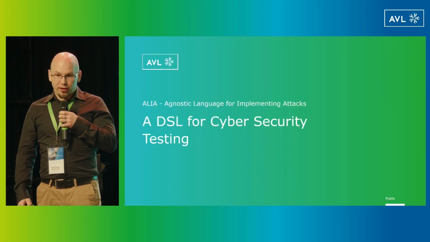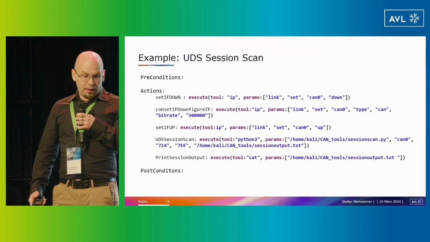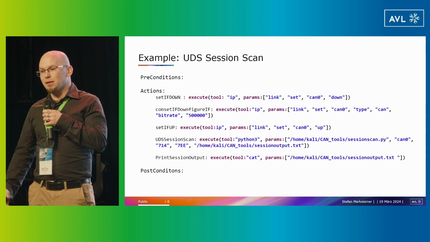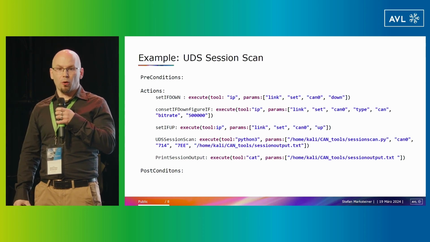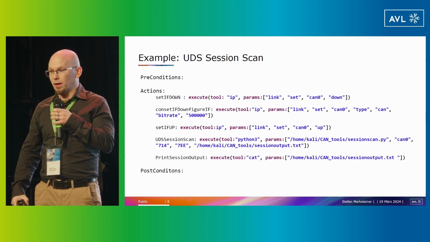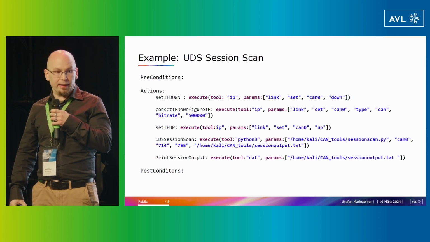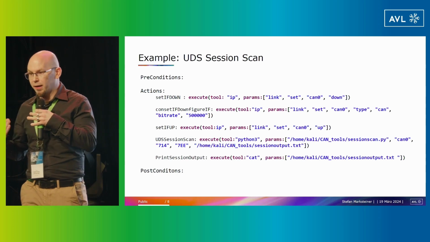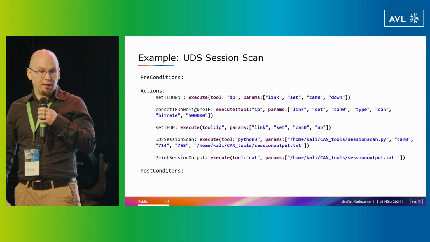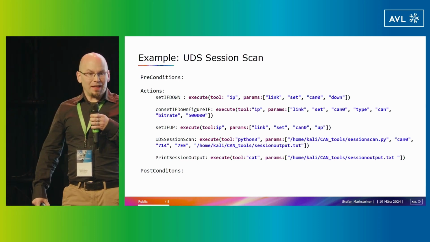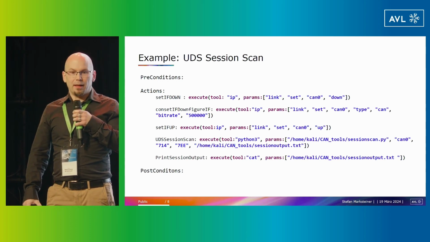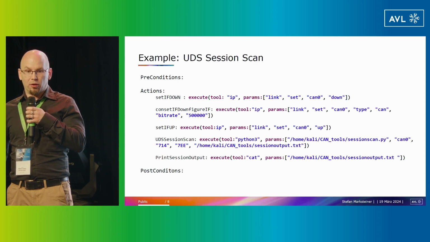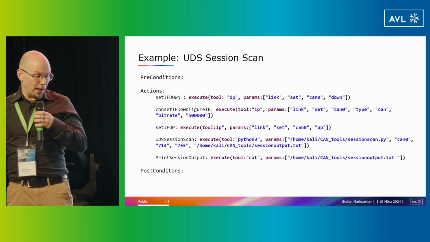The language itself is also a contribution to the project. It's not in the Git right now, just for organizational reasons, but we will be checking it in pretty soon. I want to invite everybody to have a look at it and play around a bit. What you can see here is a domain-specific language called ALIA, the agnostic language for implementing attacks.